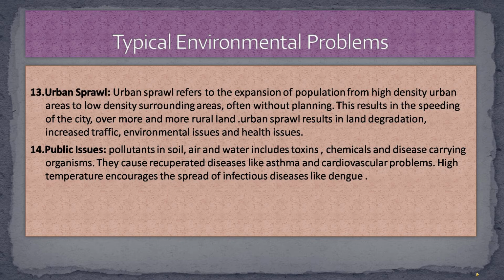Next, another environmental problem is public health issues. Pollutants in soil, air and water include toxins. Means some pollutants will be there in soil, meaning land, and in air and water. Those toxins and chemicals may be released from the industries or from fossil fuel, and disease carrying organisms also will be in the soil, air and water.